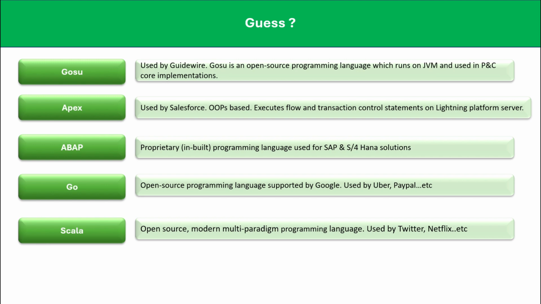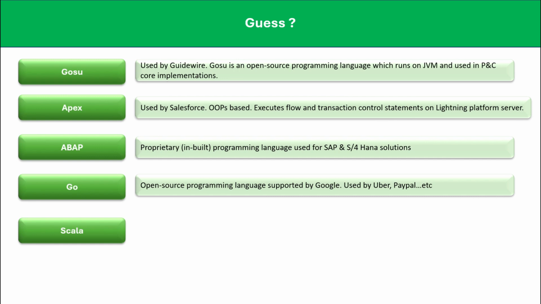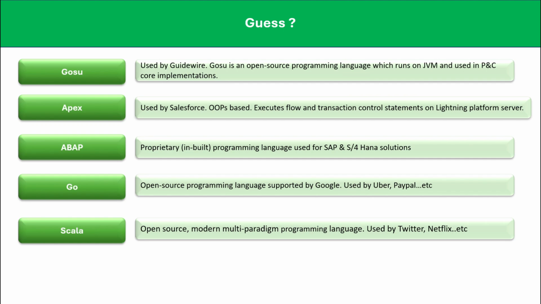It's a multi-paradigm programming language. The reason we call it multi-paradigm is because it supports both functional and procedural programming. Twitter and Netflix are popular vendors using Scala.